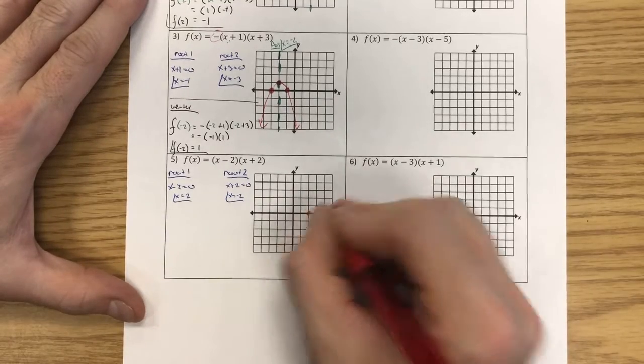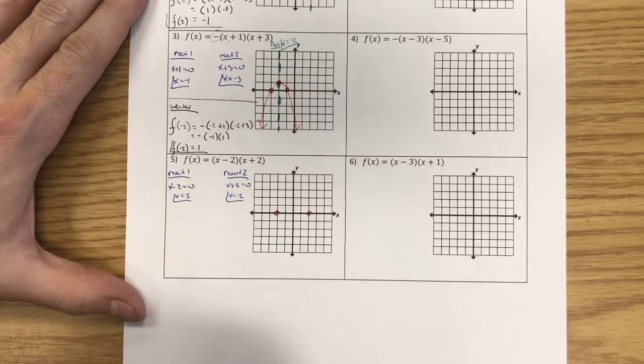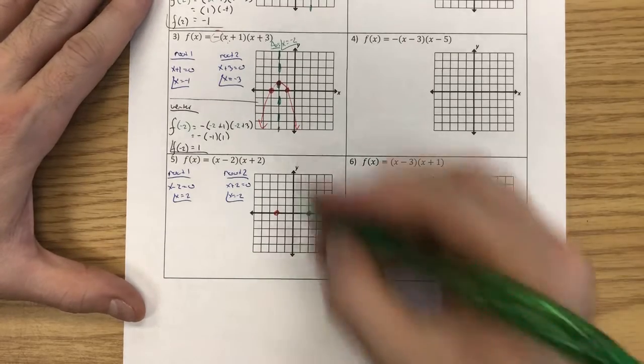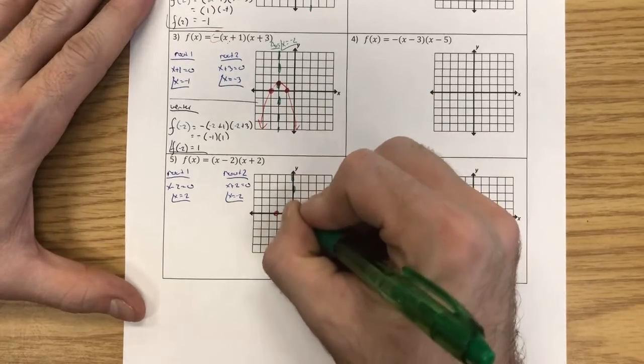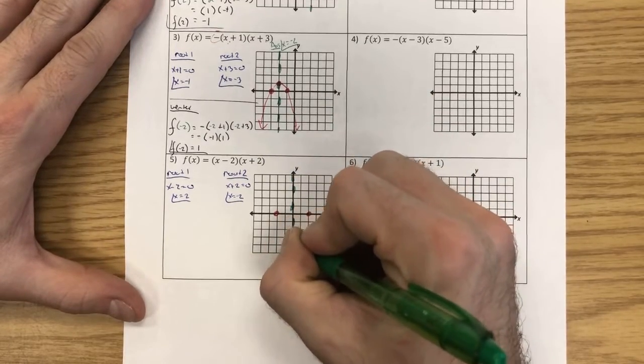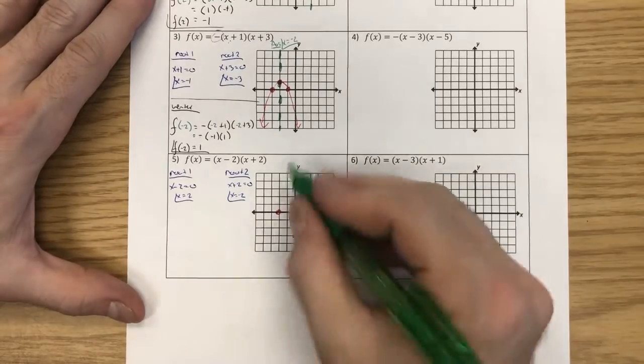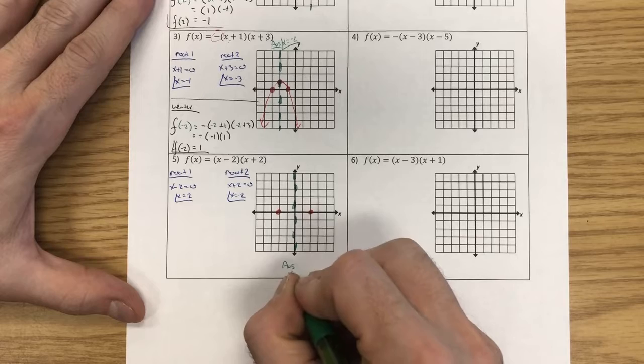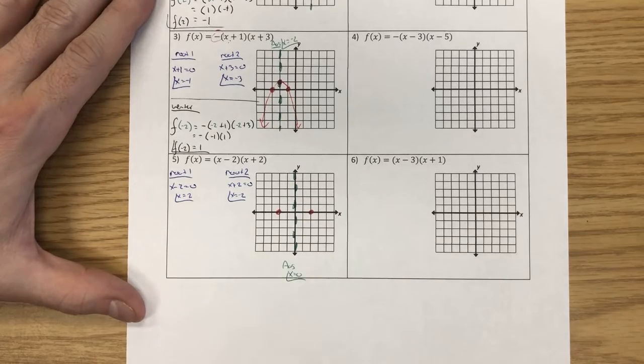So I have a point 2 and negative 2. So that must mean if my vertex is directly between them, it's somewhere along this line right there. So now my axis of symmetry is at x equals 0.